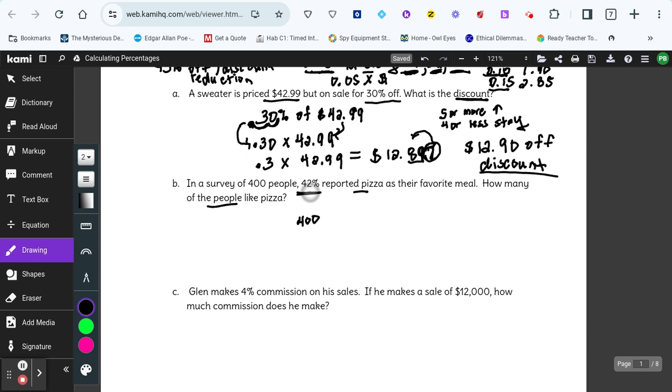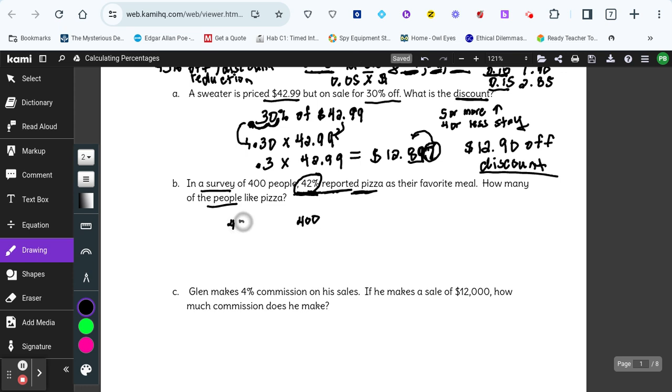So what you're going to do is find the percentage of people. What number does this percent represent? So the percent is 42, those that reported that they like pizza. The total in this survey was 400.